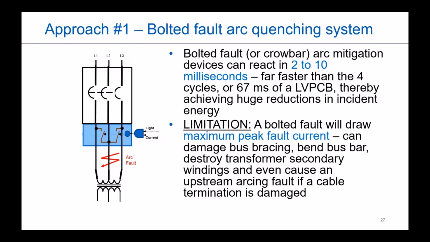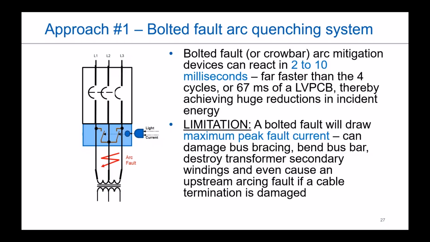But one of the limitations of it is because you are doing a bolted fault operation, that also means you're drawing the peak fault current. And with that, you get all the forces that occur inside of gear when you're experiencing such a high amount of current in the gear. So that's potentially damaging things like bus bracing.